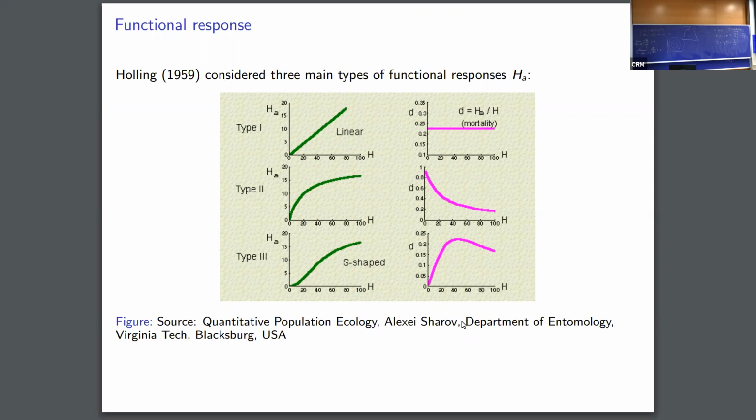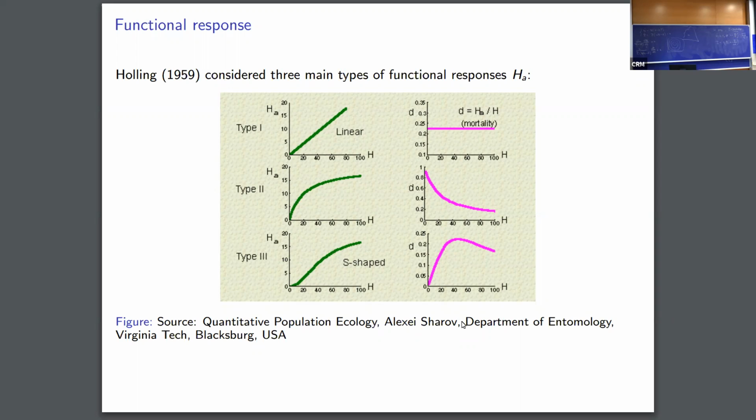My case is type 2. So in many of these models, they say, assume that the action of the predator on the prey is Holling type 2.